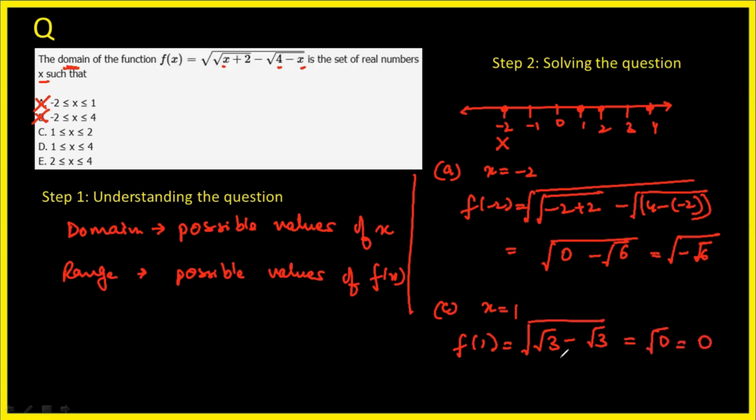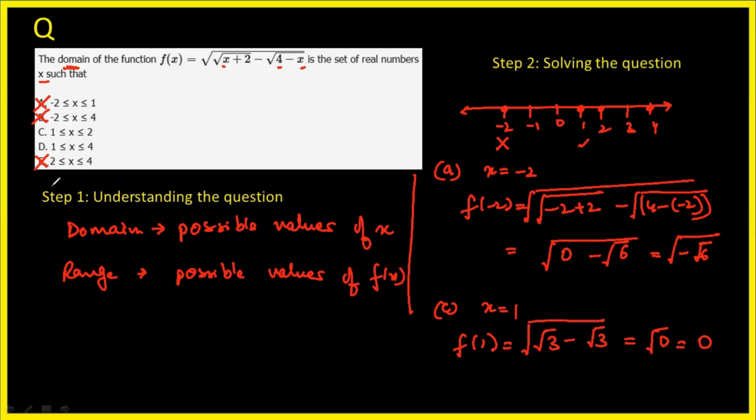So the function value at x equal to 1 is 0, which is a real number. That means 1 is a possible value of x, so 1 has to be in the option. That means option E, which does not have 1, gets eliminated. Now we have eliminated 3 options out of 5 just by solving with respect to the options.